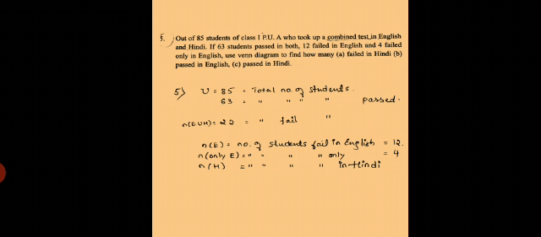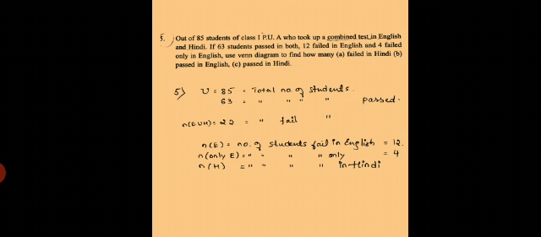Now N of E union H is equal to 85 minus 63. That means you will get the number of students who have failed. Out of 85, if you subtract the passed students, you get the number of students who have failed.